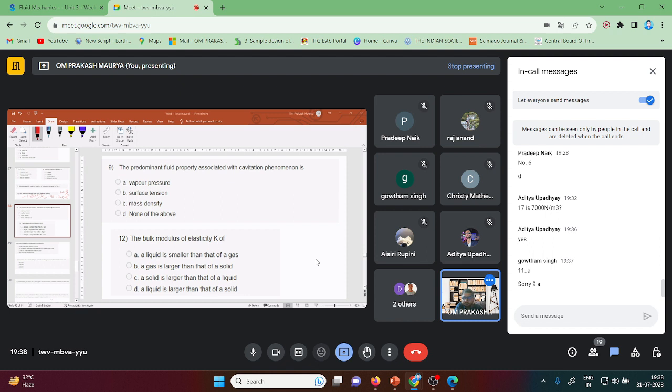For question number 12, just think, explain and write the answer in the chat box. The bulk modulus of elasticity. Basically, I want to give some hint. The bulk modulus here means the resistance to volumetric deformation of any substance.